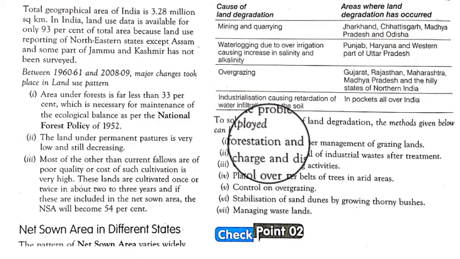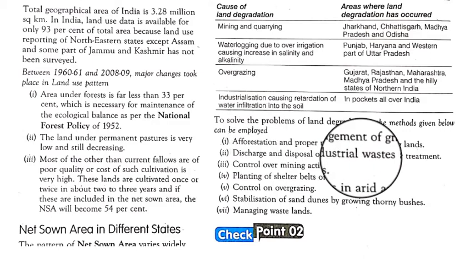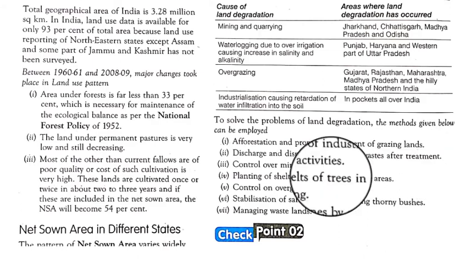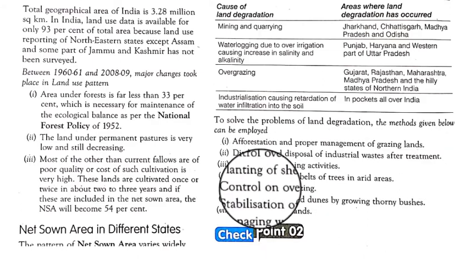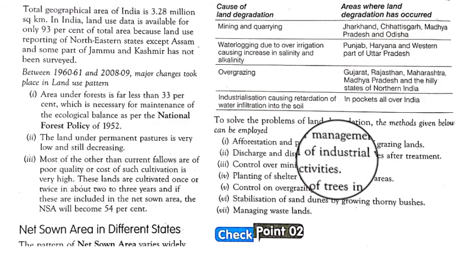There we need to plant new plants and grow them, and manage the grazing lands properly. Then, discharge and disposal of industrial wastes after treatment, and control over mining activities.